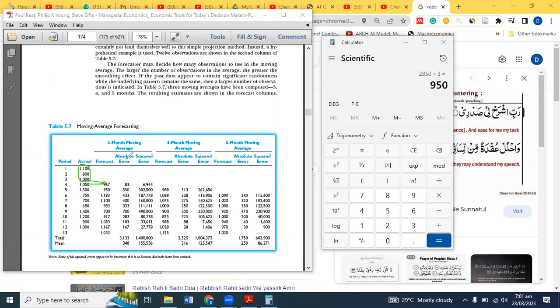But now we're going toward the absolute error. What is the absolute error? Absolute error is the difference between the forecasting and the actual sales. Let me show you.